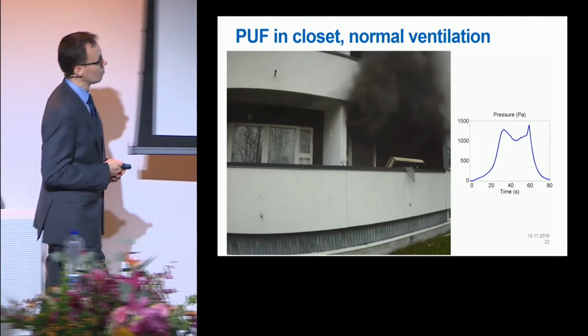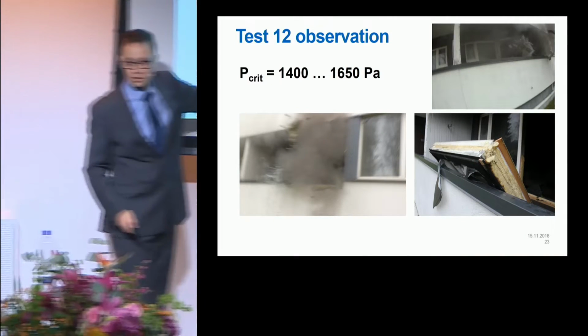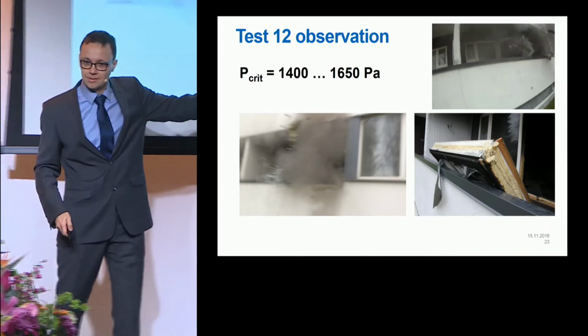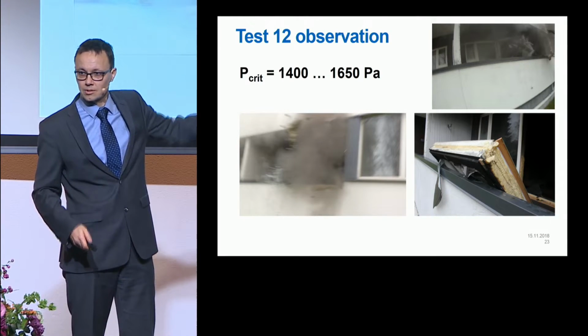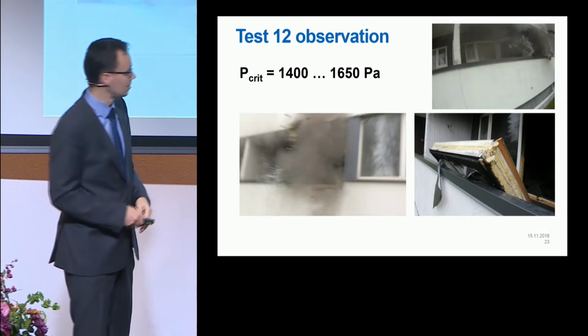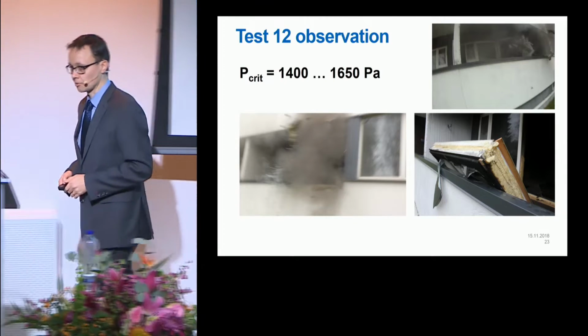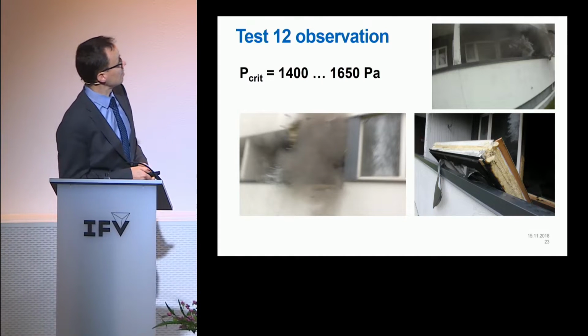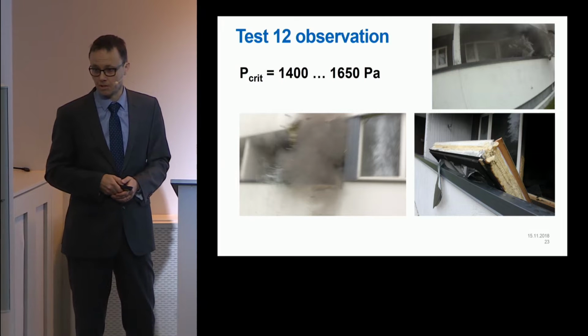What happened was the window frame being pulled out from the wall. The glass did not break first, but the frame just came out. And the pressure when it happened was something between 1,400 and 1,650 pascals.